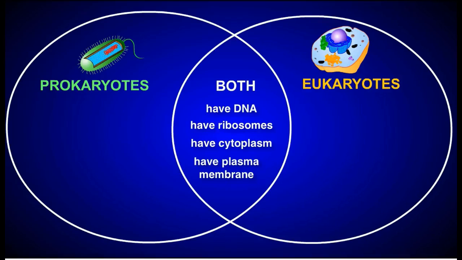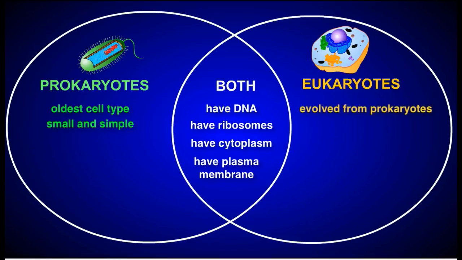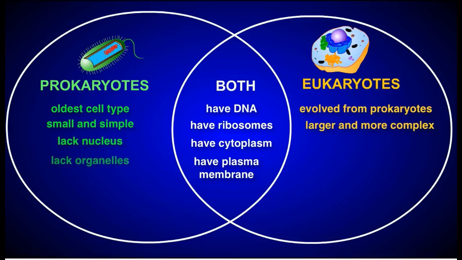Now let's look at some of the ways they differ. Prokaryotic cells are the oldest type of cell. They're small and relatively simple. Eukaryotic cells evolved from prokaryotic cells later. They're larger and much more complex internally. Prokaryotes lack both a nucleus and membrane-bound organelles.